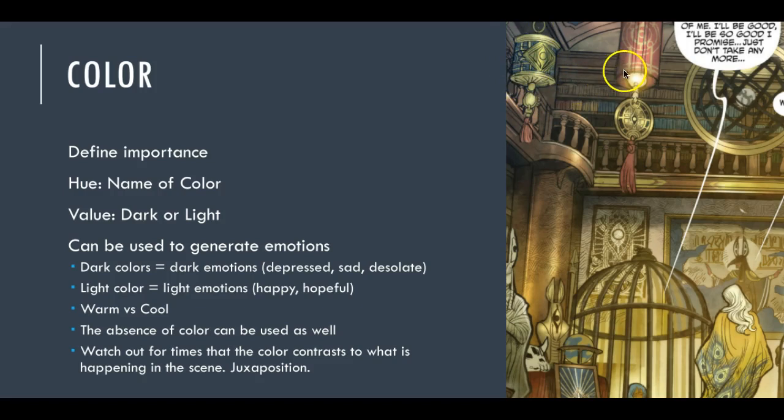You've got these reds, a dark red next to a gold. You've got this gold and this green, lots of gold, lots of warm colors there. It makes it look luxurious. Even though there's this luxurious scene, you can tell these people have money and are very well to do.